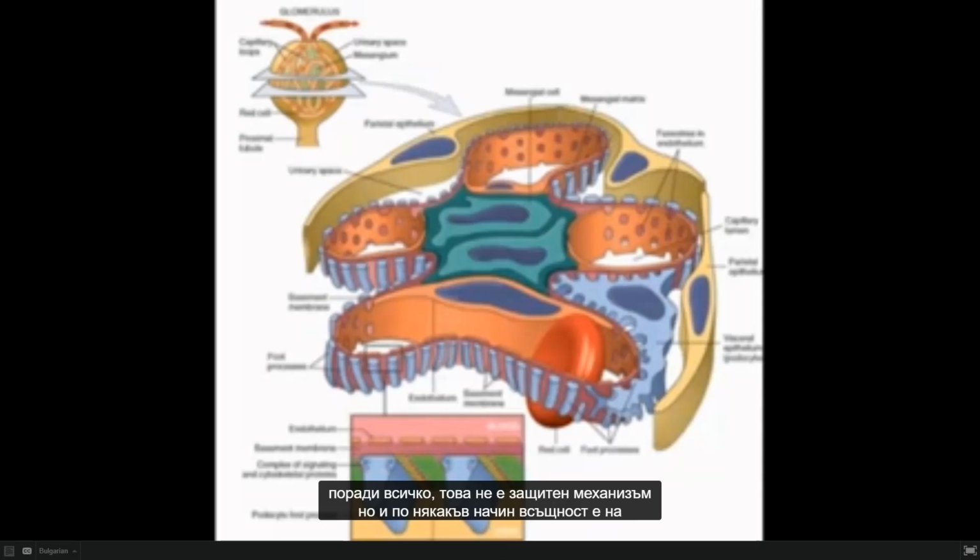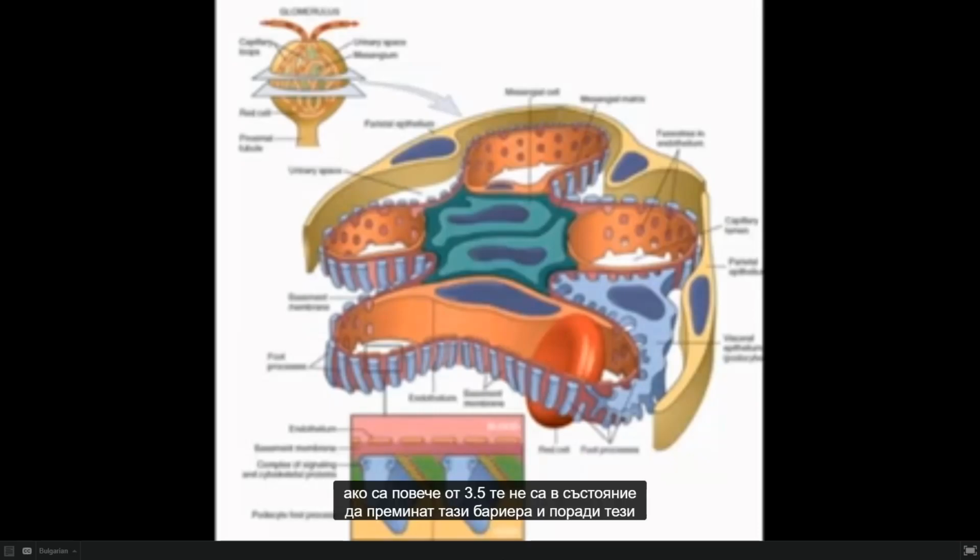And because of all this, it is not a defense mechanism, but somehow it is, of the Bowman capsule and the fenestrating of the capillaries, only molecules less than 3.5 nanometers in diameter are able to pass through that barrier from the blood flow to the filtering place of the Bowman capsule.